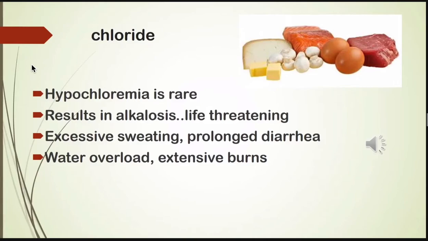Examples of patients that could undergo water overload are those undergoing water torture, wherein they're made to ingest liters upon liters of water, and this could actually dilute the amount of chloride in their body.